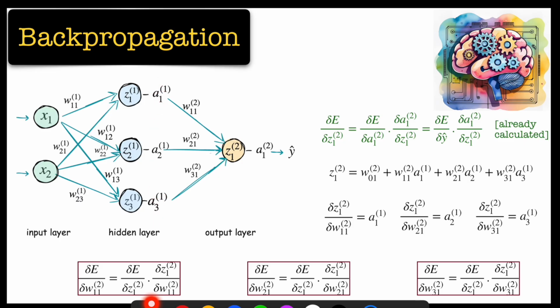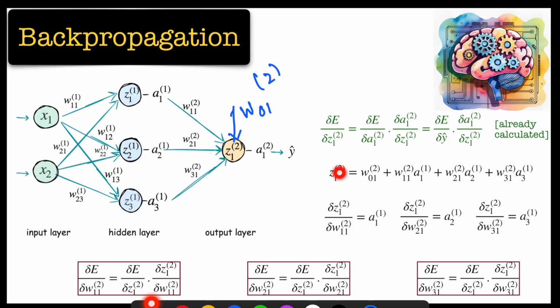So consider one bias also here, with the weight W012. So Z12 is basically W012 plus W112 A11 plus W212 A21 plus W312 A31, right? This is Z12.